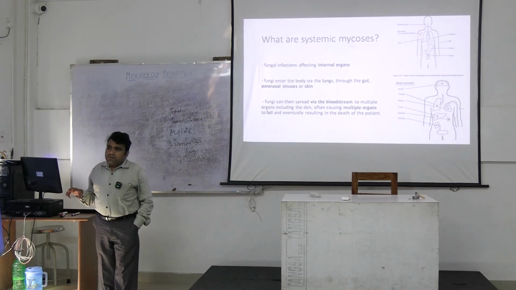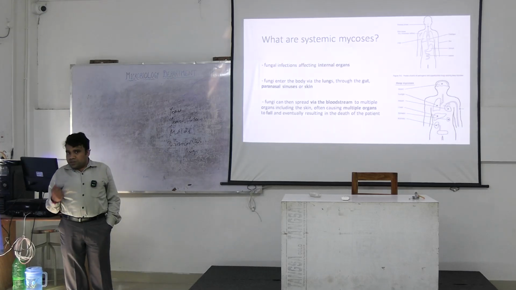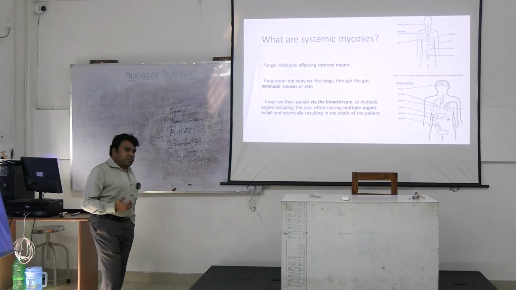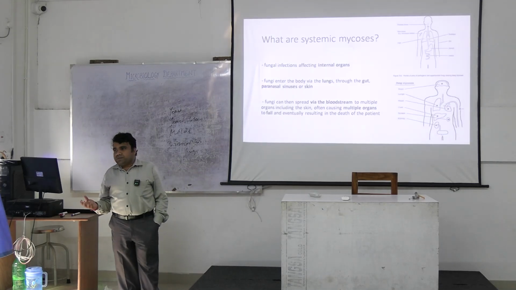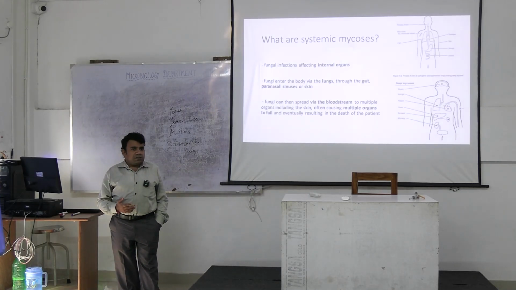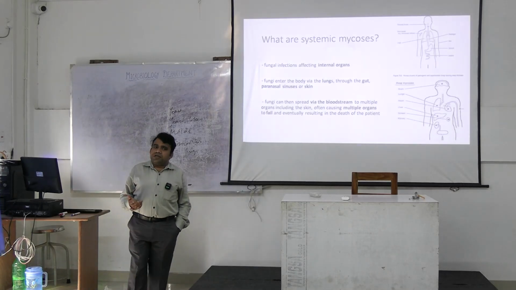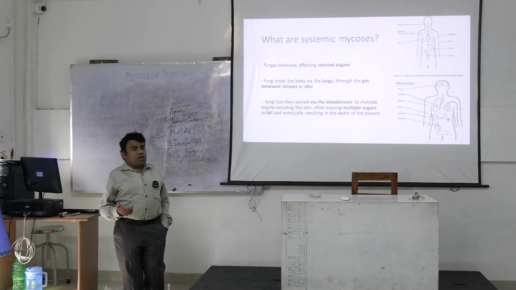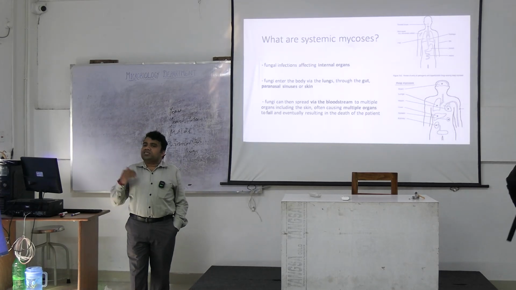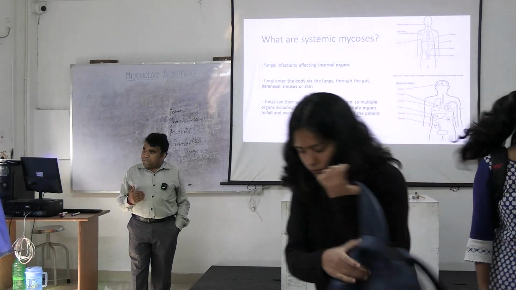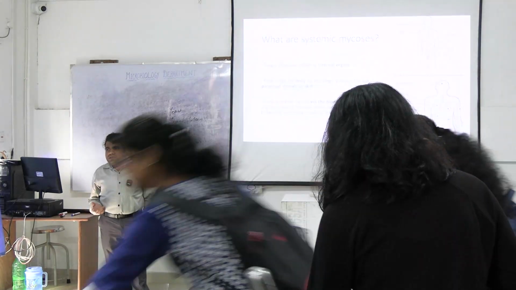Now, coming to the topic that we are going to discuss, that is systemic mycosis. When we say systemic mycosis, what do we actually mean? Mycosis or fungal infections can be divided into 2 types: superficial mycosis and systemic mycosis. Again, systemic mycosis can be divided into subcutaneous mycosis or deep mycosis, depending on the location of the infection. What would you understand by deep mycosis?